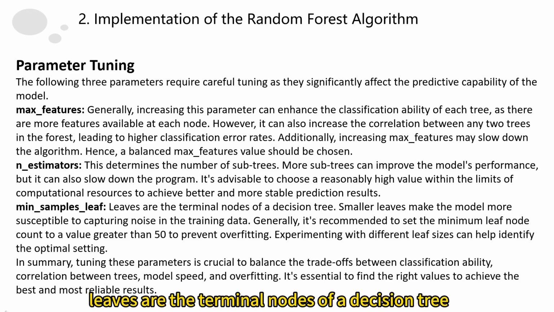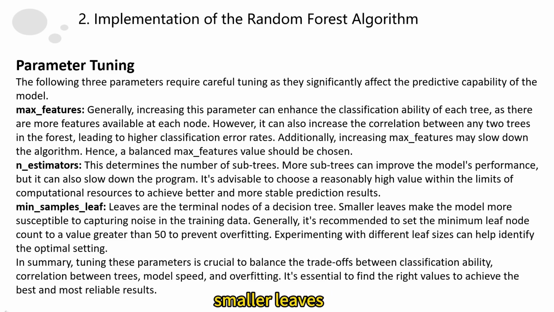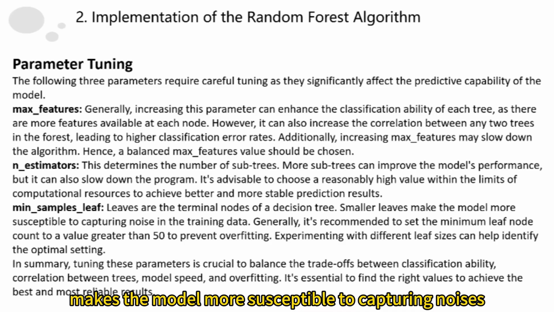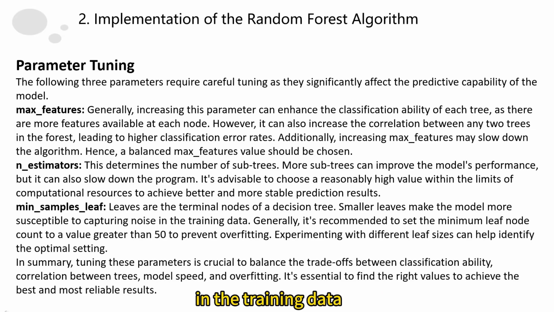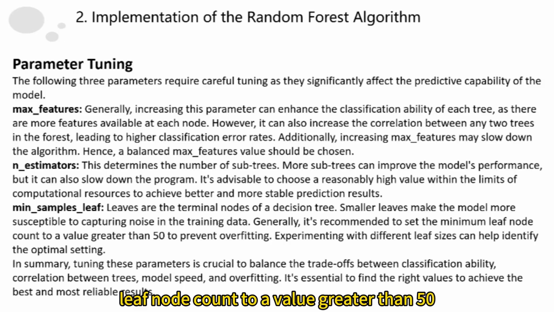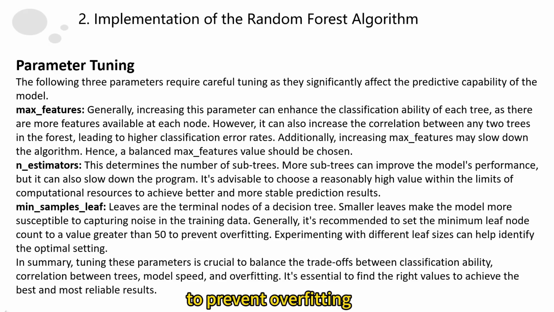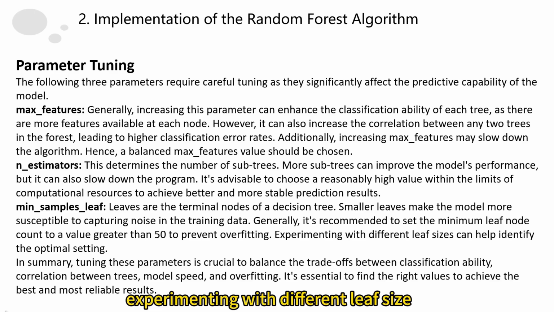Leaves are the terminal nodes of a decision tree. Smaller leaves make the model more susceptible to capturing noise in the training data. Generally, it's recommended to set the minimum leaf node count to a value greater than 50 to prevent overfitting.